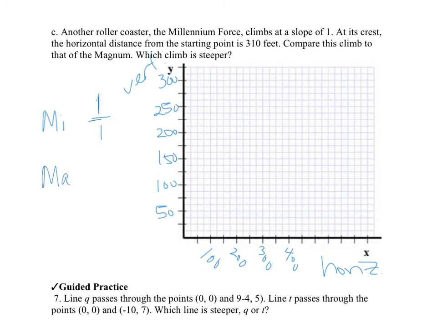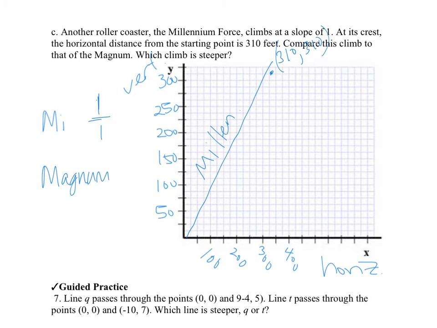The Magnum we'll come back to. So if the horizontal distance from the starting point is 310 feet and it's a 1-to-1, that means 310, 310, that's going to be the Millennium.